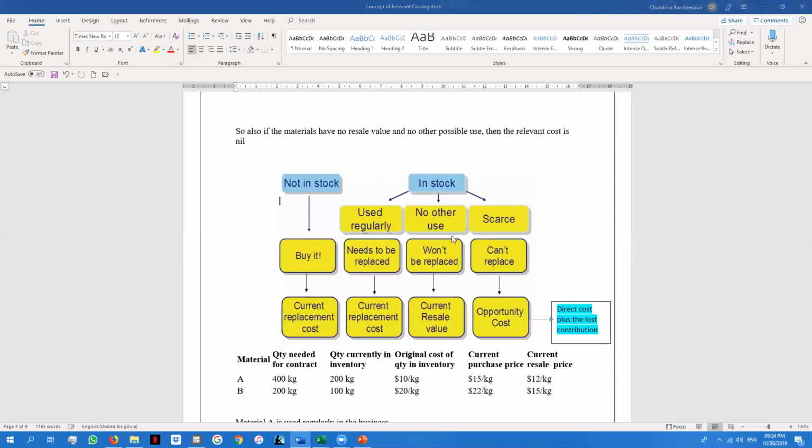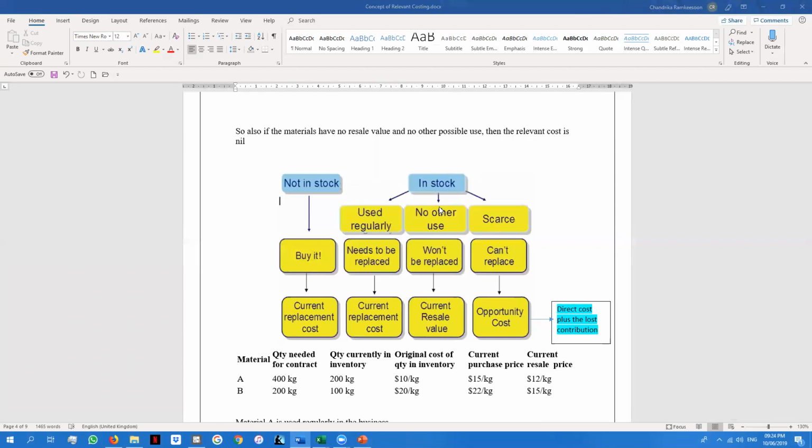If, however, there is no other use for the material, we don't use it currently in our production, and it won't be replaced, then the only relevant cost to be charged to the job would be any resale value, like a scrap value.